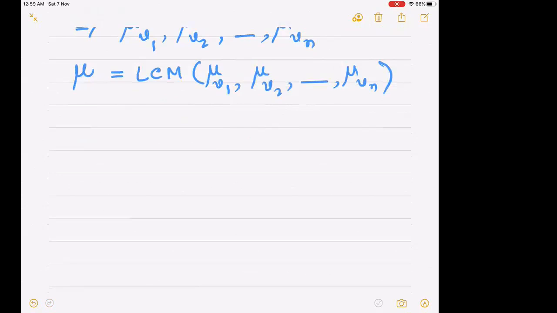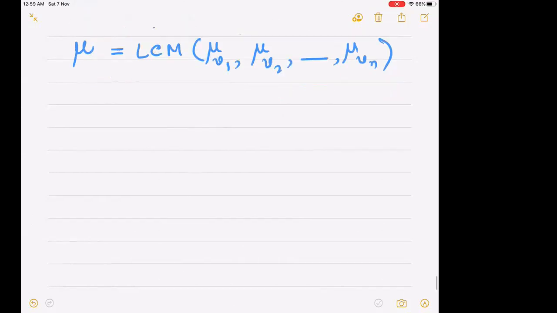This is something that you may have learned in your high school, perhaps 7th, 8th standard. There's the LCM of a few polynomials, right? So what do I mean by LCM? Suppose I have some polynomials f1 up to fn.